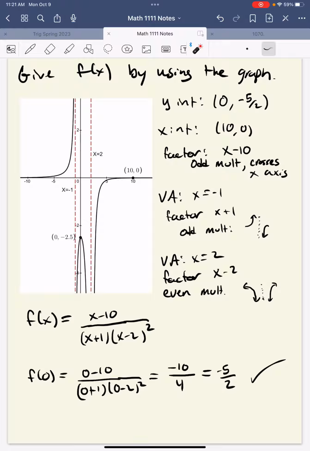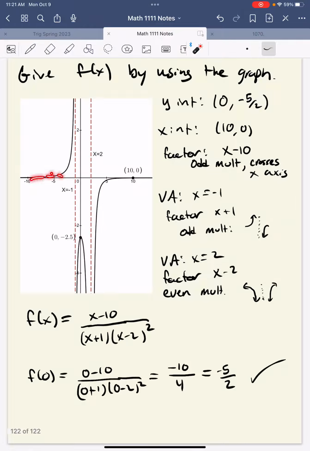Now we've got x equals 2 as a VA, and the graph goes the same direction on either side of the VA, so x minus 2 would be the factor, and that exponent would have to be even, so we would need an exponent of 2.